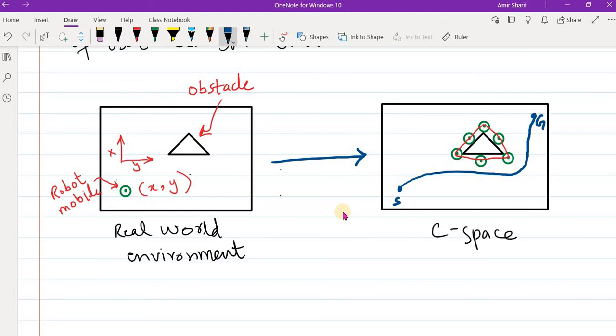So when it passes near the obstacle, it may collide with the obstacle. So, to avoid this problem, we inflate the obstacle to compensate for the size of the robot. I hope that this concept is clear.